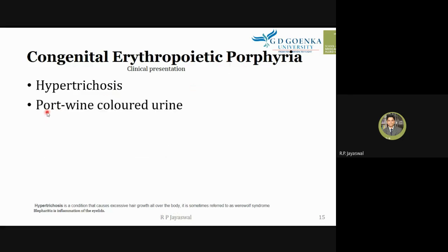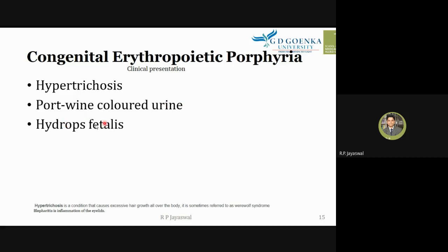Now, next, very common is port wine colored urine. So the urine becomes wine colored, that particular port wine color, and it may be produced by the patient. Hydrops fetalis.